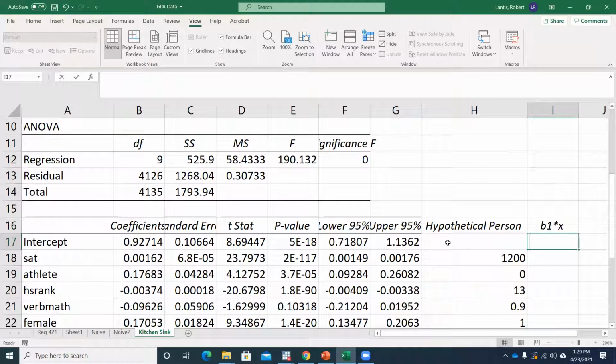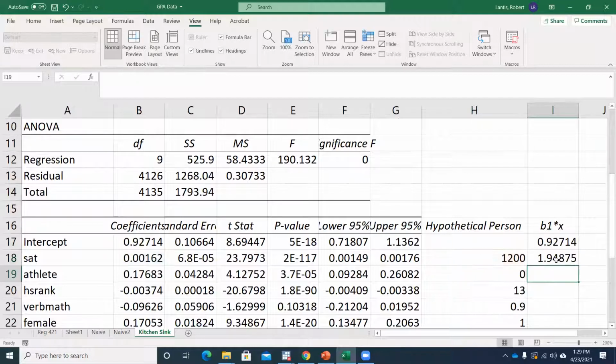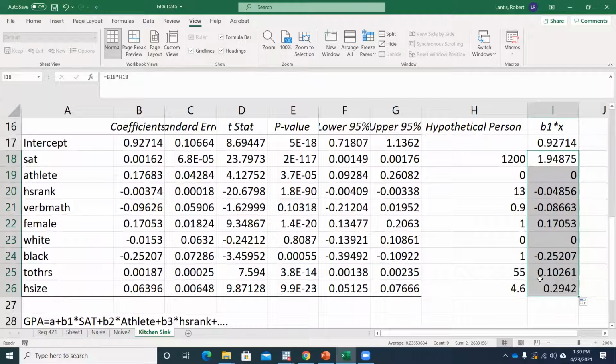For the intercept, I just put the intercept in there. For every other variable, I take the coefficient on that variable and multiply it by whatever value that person had for that X variable. I can then copy this down and do that for every single variable. And then the last step is just to add everything up.